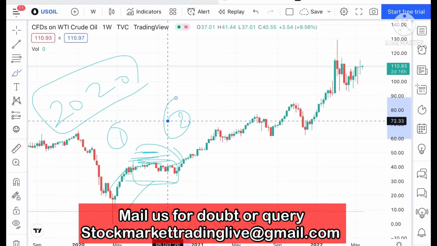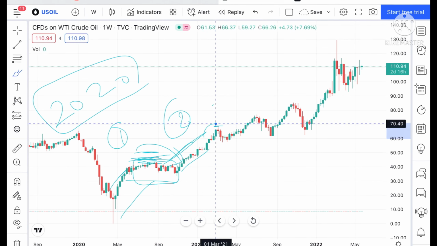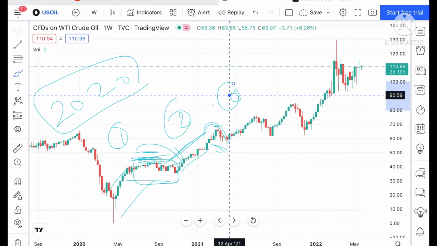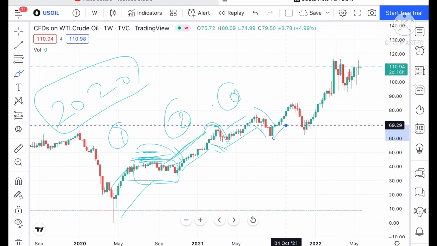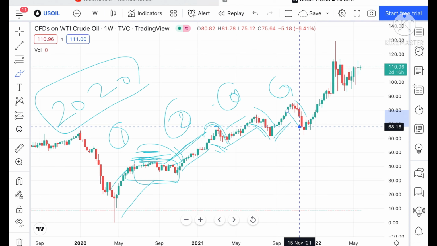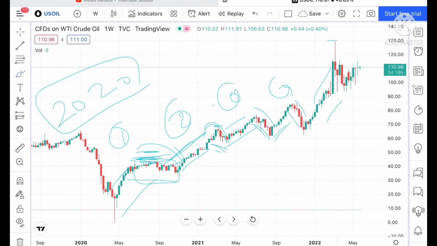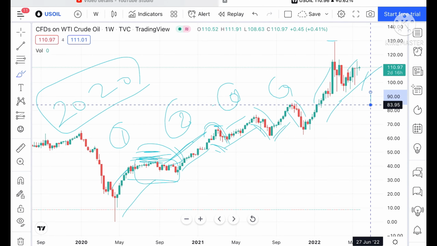The second time, again when it moved upside, it made a high, and from there again we have seen a downfall. The third time, again the same situation arose, and it made a downfall. Even after that, we have seen it a fourth time, and this is the fifth time we are seeing the same trend. If this trend sustains, we can see it move further upside.